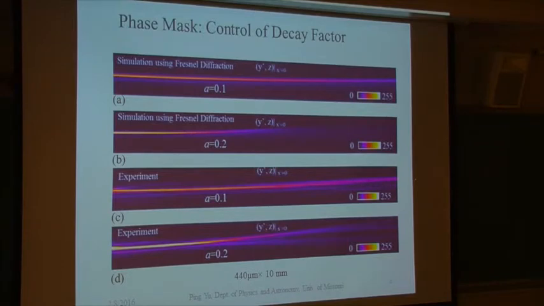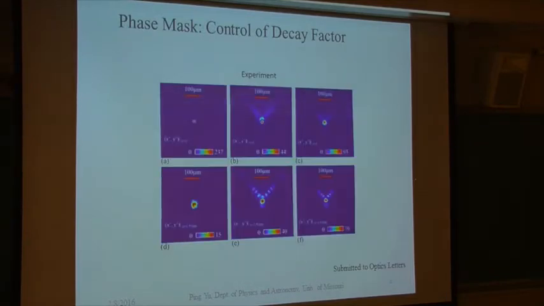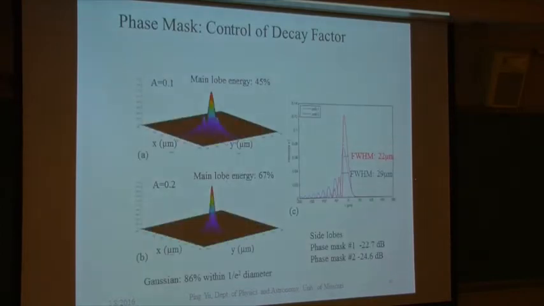However, the difference is in the side lobe. And we know that when you do the imaging, when you use this main lobe as a single pixel, this side lobe in fact gives a background noise. And we found that with a larger decay factor, the side lobe is less important compared to the smaller decay factor. To the left is the Gaussian beam for comparison.